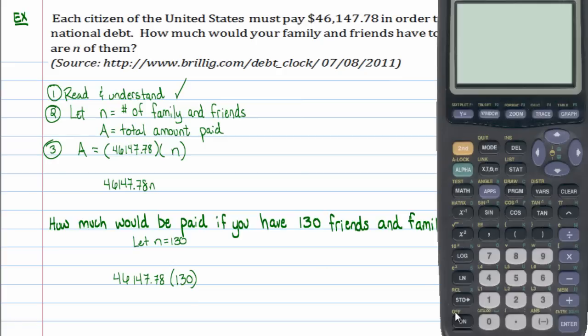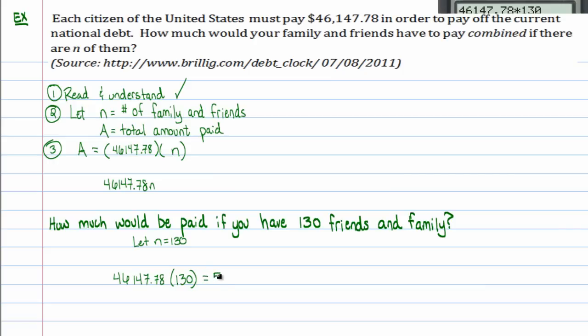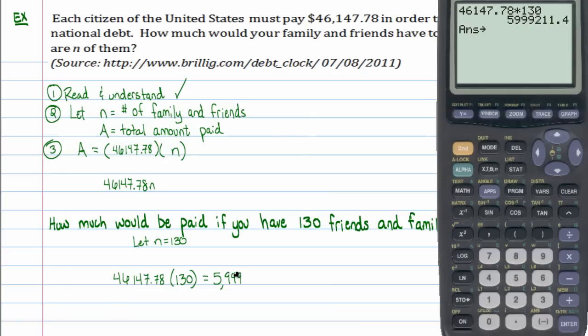So let me bring up a handy dandy graphing calculator here, clear it out so that's clean. 46,147.78, and we're multiplying that by 130 to get some number. Was it 599? No, it's more than that. 5,999,211.40.